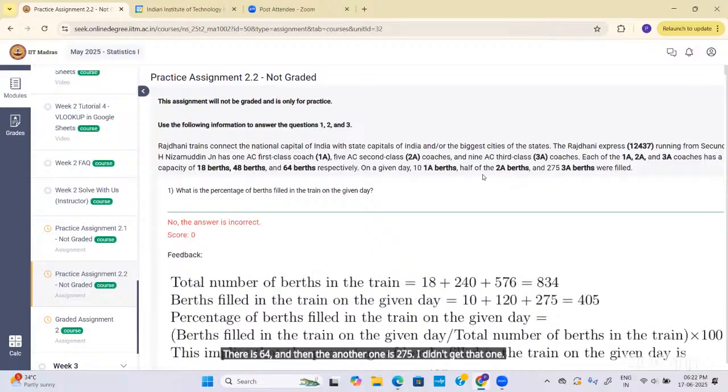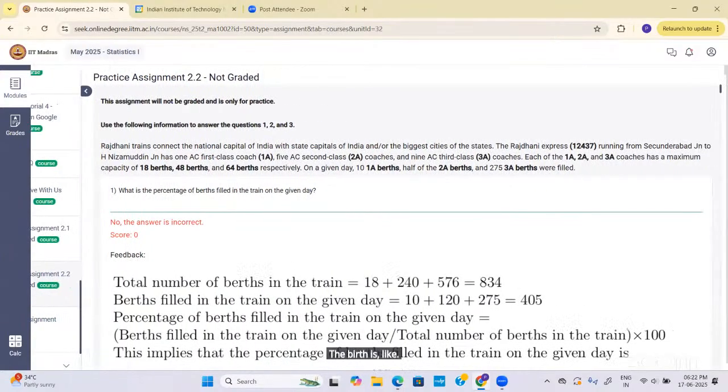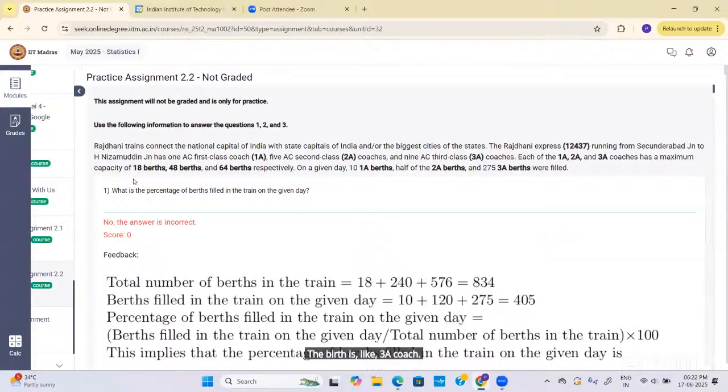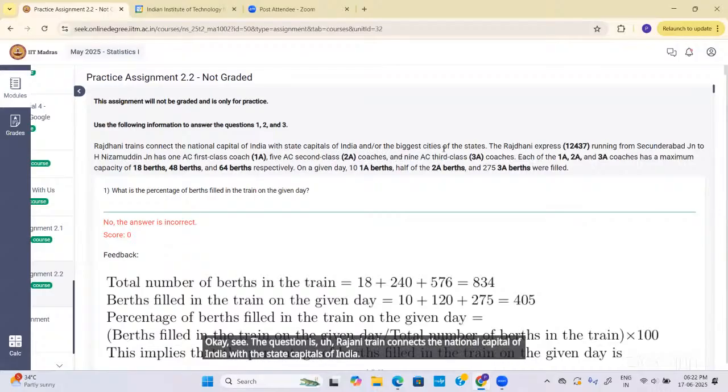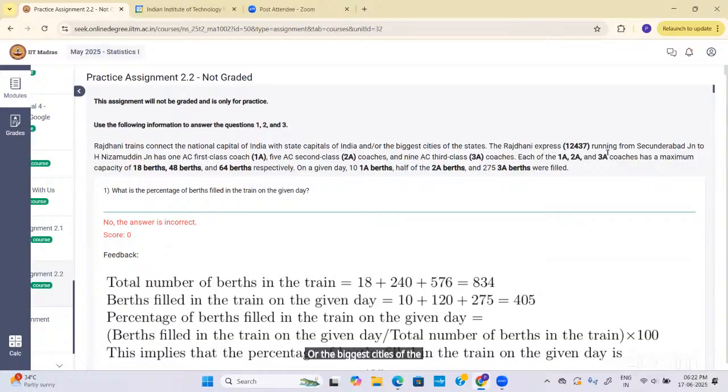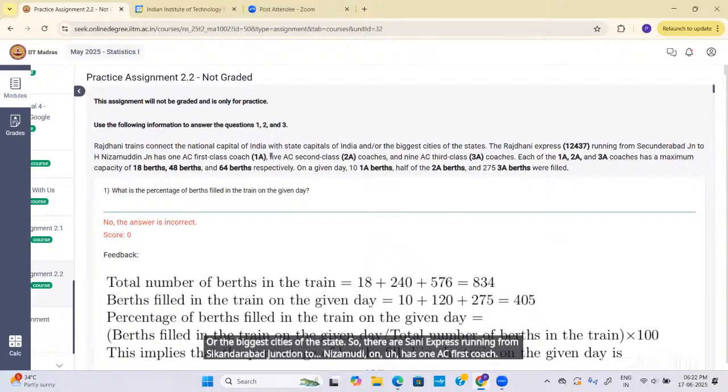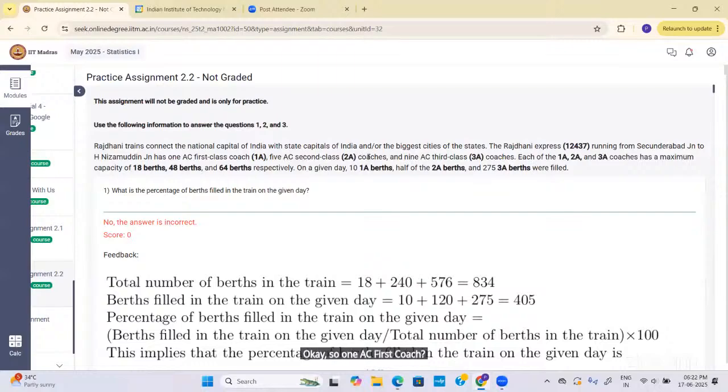The berth is like 3A coach. See, the question is, Rajdhani train connects the national capital of India with the state capitals of India or the biggest cities of the state. So the Rajdhani Express running from Sikandrabad junction to Nizamuddin has one AC first coach, 5 AC second class, and 9 AC third class.